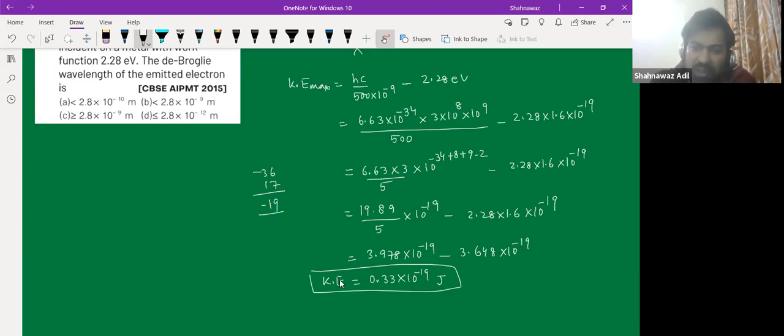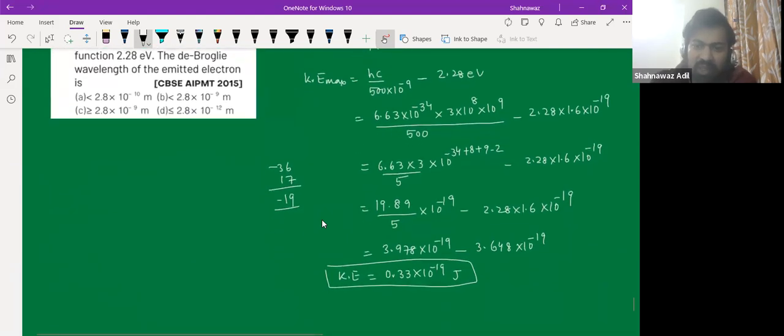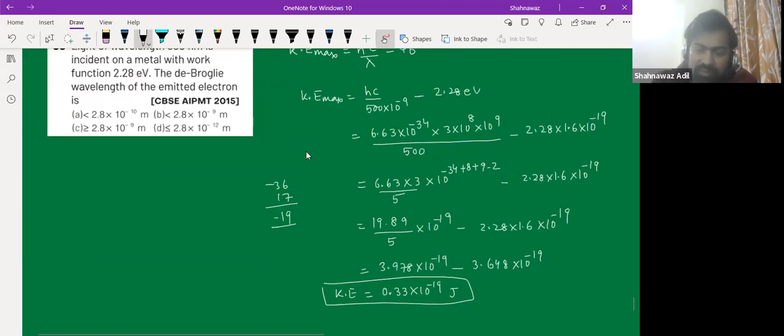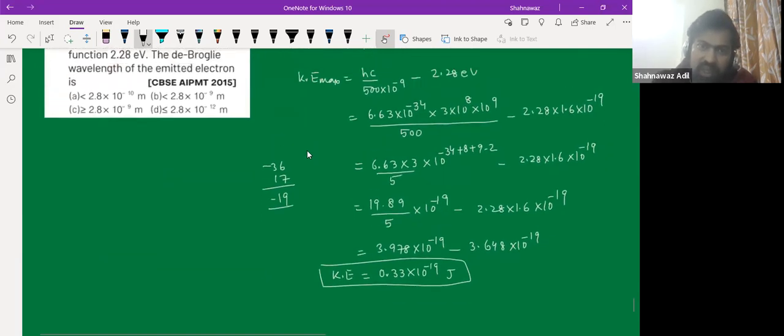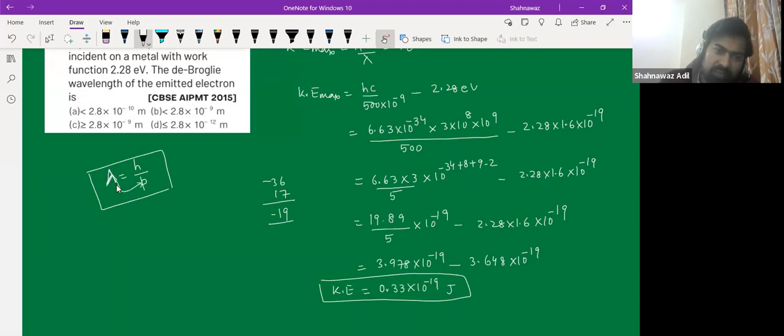So you have got the kinetic energy. From kinetic energy, what can you calculate? Remember, what is the de Broglie wavelength? De Broglie wavelength is h by p. It is related with the momentum.